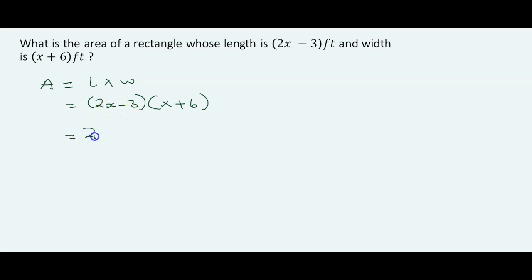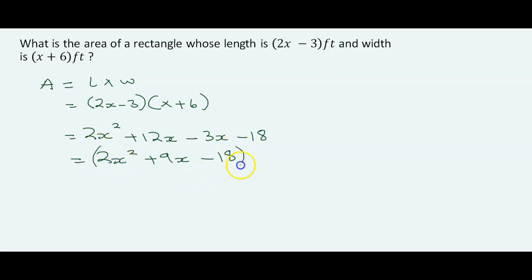So we have 2x squared plus 12x minus 3x minus 18. So this is going to be 2x squared plus 9x minus 18. And this is going to be the area of this rectangle, in square feet.